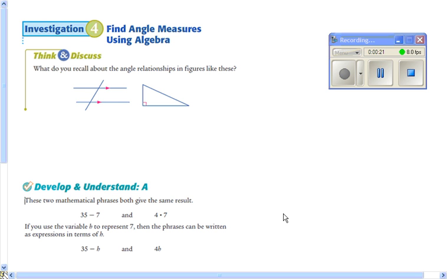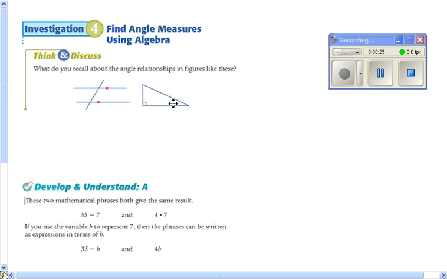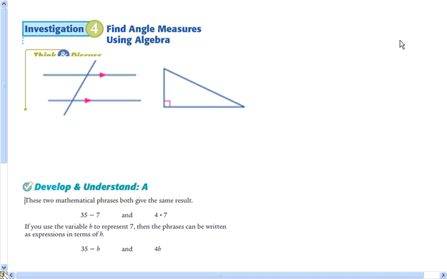I think I'll enlarge this a little bit. One thing we learned is in something like this, let's say I label the angle measures 1, 2, 3, 4, 5, 6, 7 and 8. And remember, these two lines mean that the lines are parallel.